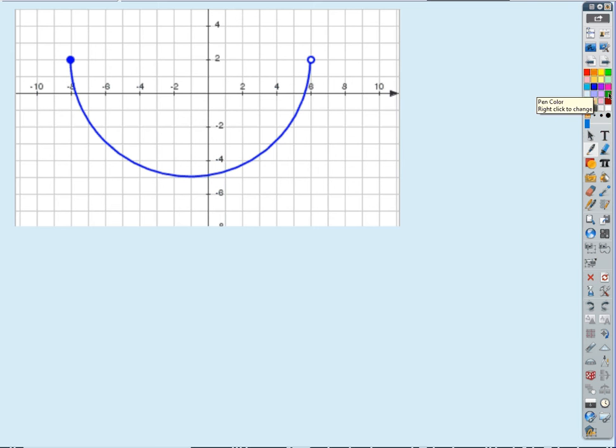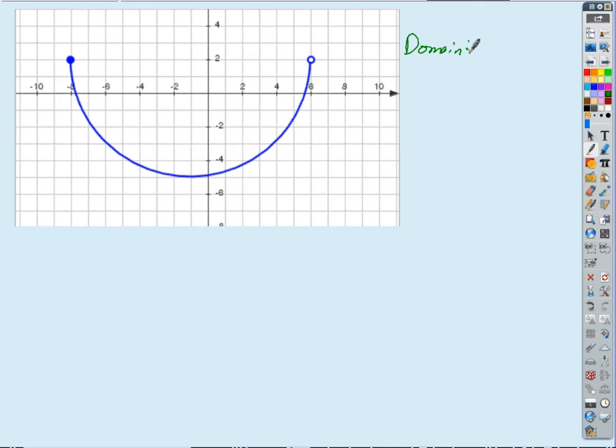Okay, how about that one? Let's check the domain. So that's x values, right? Gabe, what do you think? Is there a lower x value and an upper x value this time? Yeah, there is, right? So this one doesn't go forever, does it? What's our lower limit for the x's?